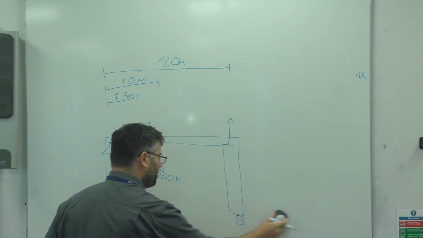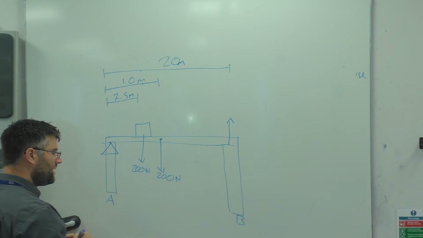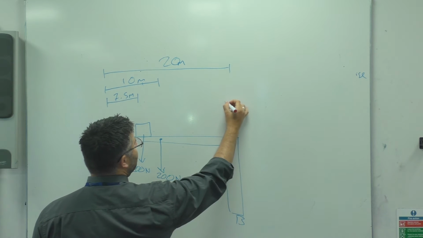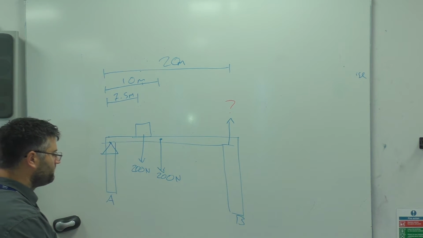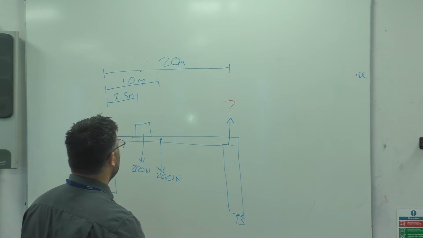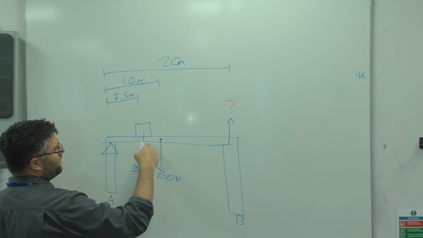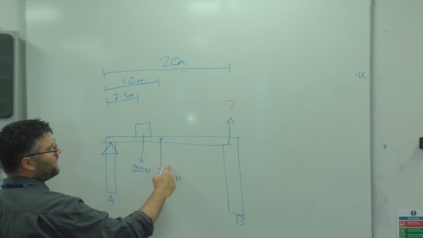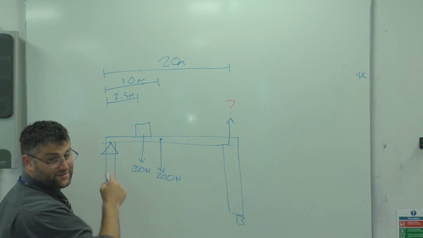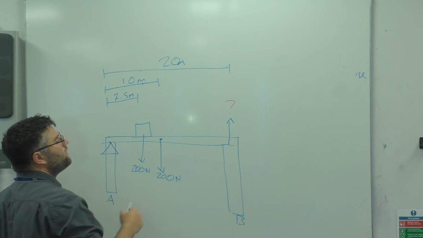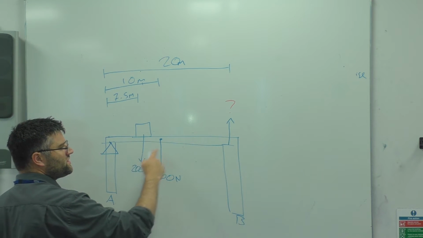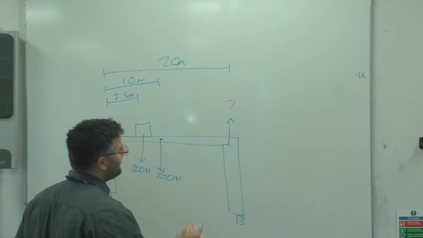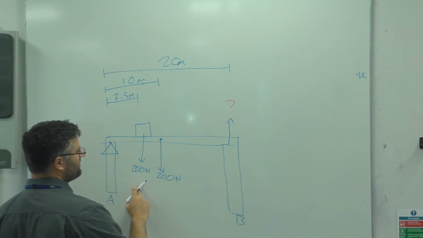So let's do some working to work out what one of my unknowns is. So this is the first unknown I'm going to work out. So I've got two clockwise and one anti-clockwise. So these two are clockwise moments, and this one's an anti-clockwise about this pivot. So let's have a look, and we look at these individually, we add them all up.